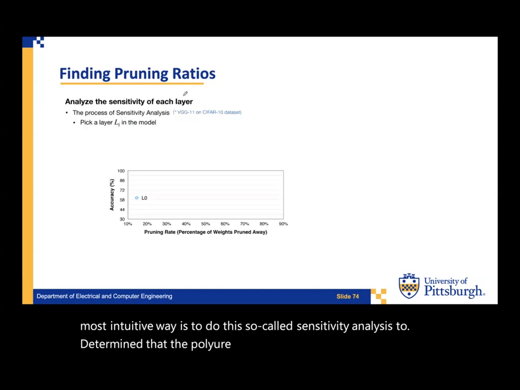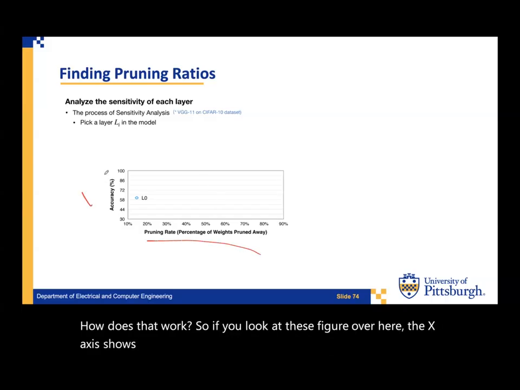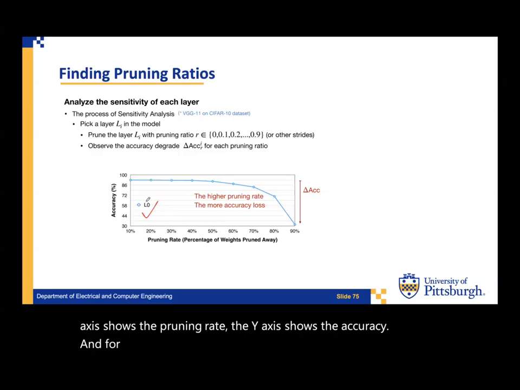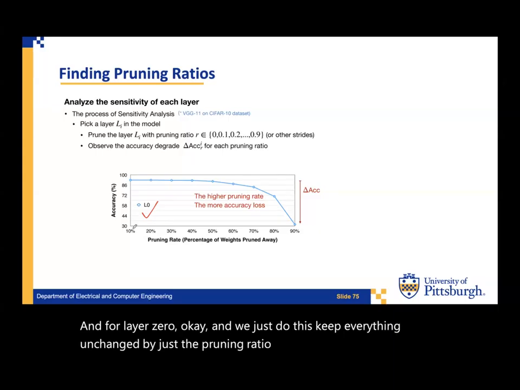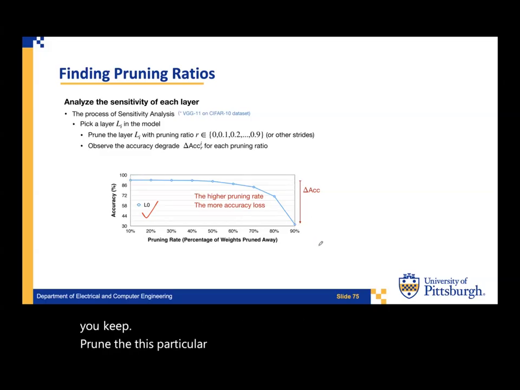So let me show you how that works. If you look at this figure over here, the x-axis shows the pruning rate, the y-axis shows the accuracy. For layer zero, we keep everything unchanged and just vary the pruning ratio for this particular layer, and you plot this line here.